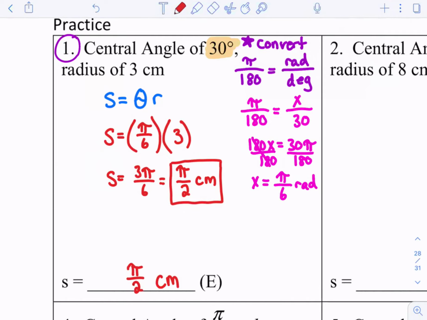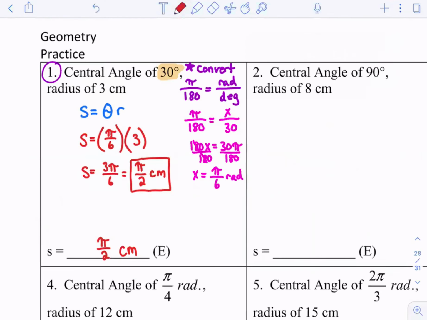So if 1 radian is 60 degrees, then we need half of that radian to be 30 degrees. So we would need half of that radius, right? So half of 3 is how much? 1.5. Good. So now if I do pi divided by 2 in my calculator, I get 1.57. So it looks like we did it right.